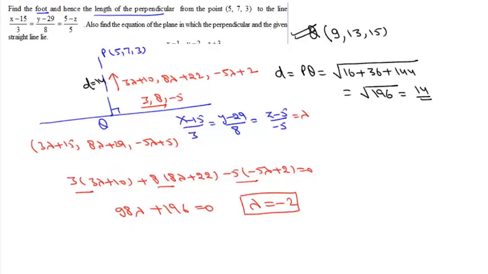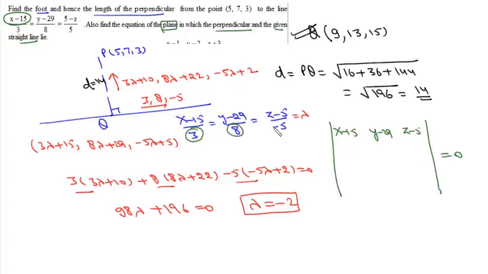Now the next part, it says find equation of plane in which this perpendicular and the given straight line lie. Now for this plane, we need point and two parallel vectors. So we already have this point, which is x minus 15, y minus 29 and z minus 5. And then we have this one perpendicular vector, which is 3, 8 and minus 5.